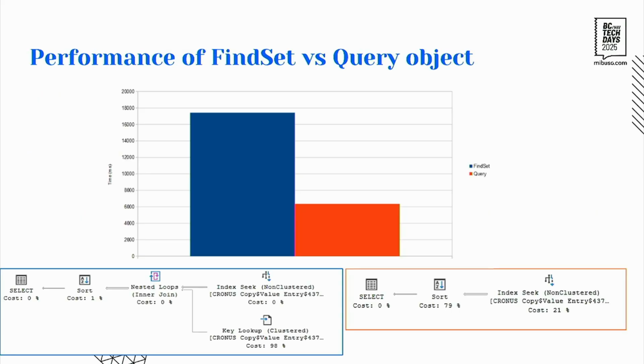And to illustrate the difference that Stefan was talking about between FindSet and a query object, if I run this FindSet from that code snippet in the previous slide, you see on the left-hand side here the key lookup, exactly because FindSet will add a certain number of fields which I didn't expect to find there, probably.